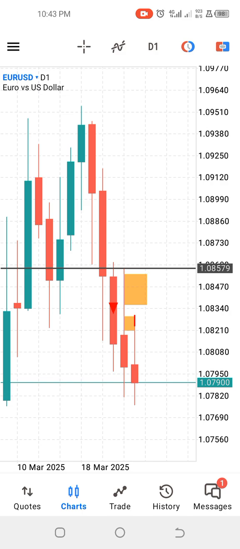So that is how I align my time frames. Meaning if I use the daily to get my direction, then I'll go to the 1 hour time frame to look for relevant supply zones where I can take my sell position.